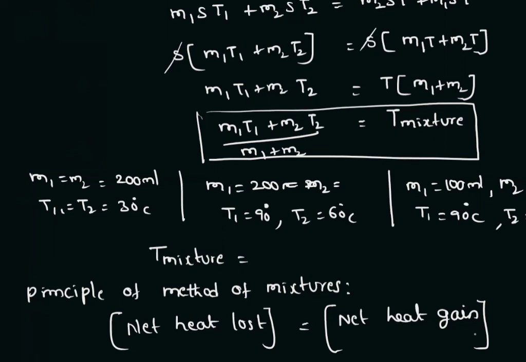Similarly, net heat gain: not only heat from the hot water, but heat from the container or some other source can also be there. So in those terms, we say net heat loss equals net heat gain. This is the principle of method of mixtures. This helps you a lot in solving problems in heat transfer, in the heat lesson of our 10th class.